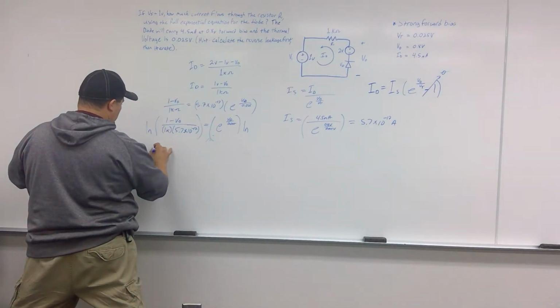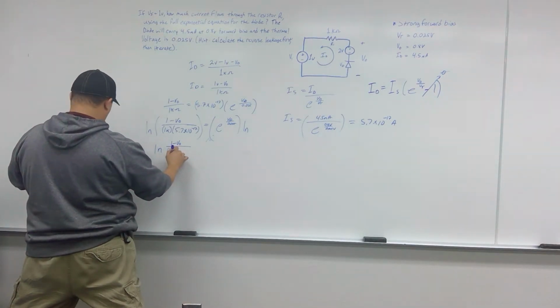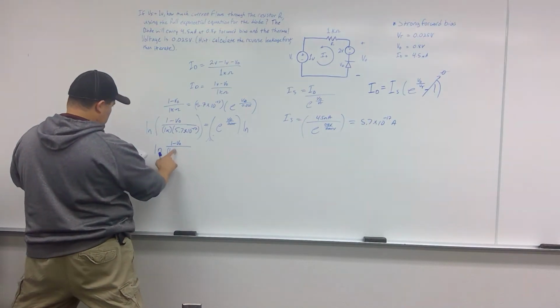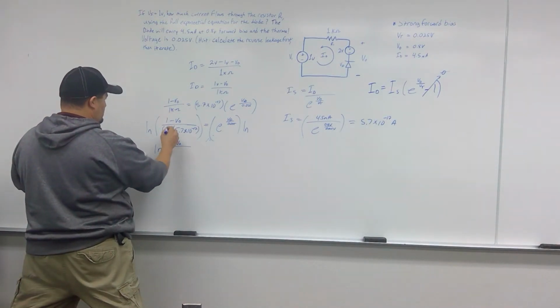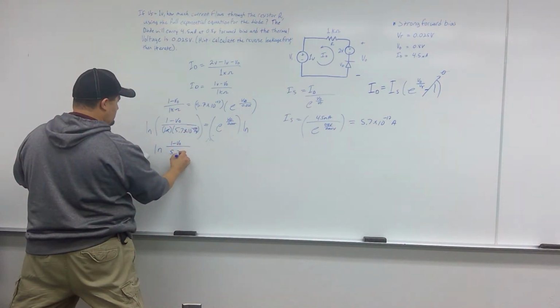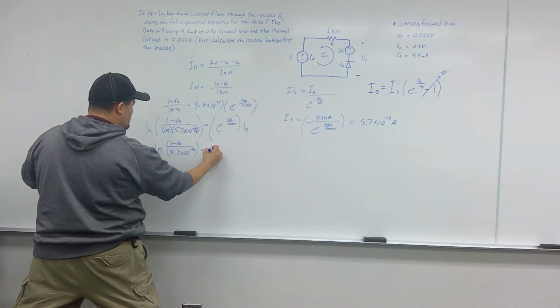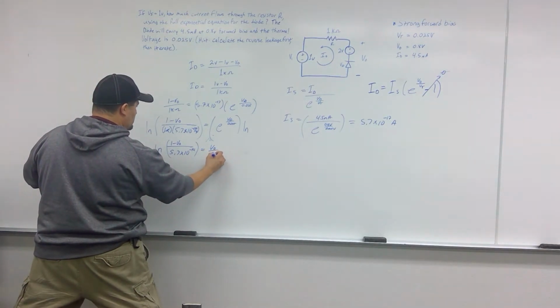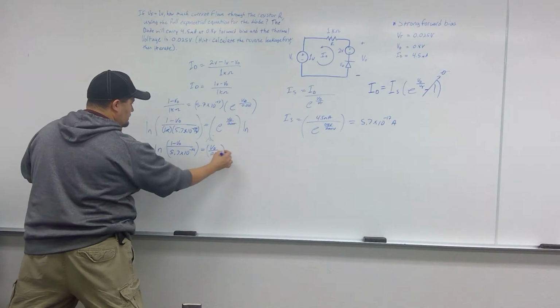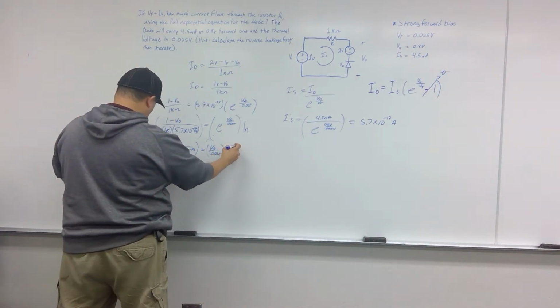So we're left with ln of 1 minus VD over 1K, which at this point, the 1K knocks out 3 of these zeros, so we're left with 5.7 times 10 to the negative 14, equal to VD over 0.025. We're going to multiply both sides by 0.025.